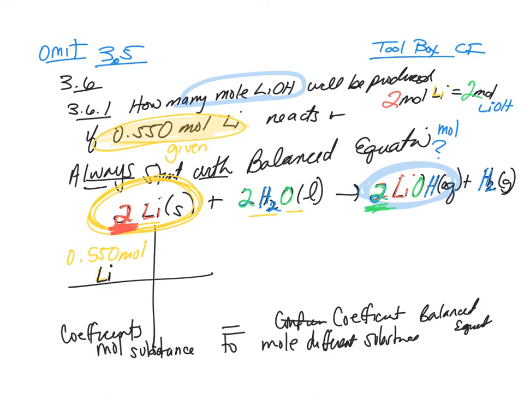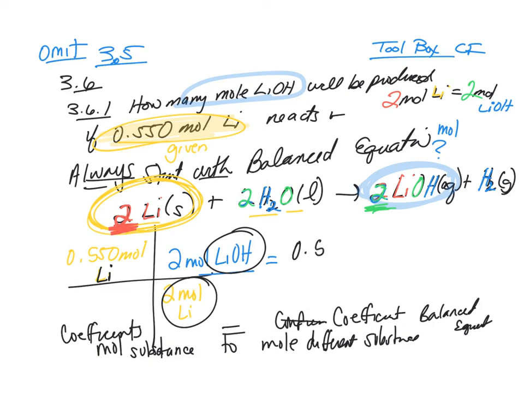So now we can go from 2 mole of lithium to 2 mole of lithium hydroxide. That's the only way we can actually change the name of the substance. And you'll find that that works out to be 0.550 mole of lithium hydroxide. And that answer is A.